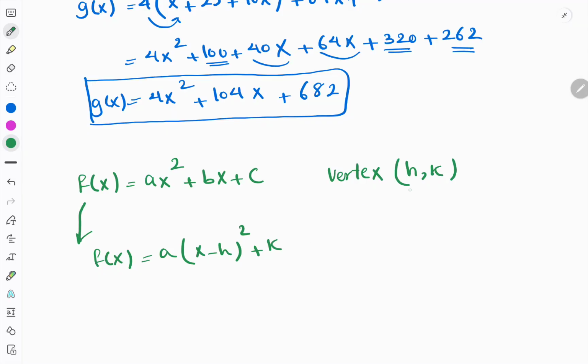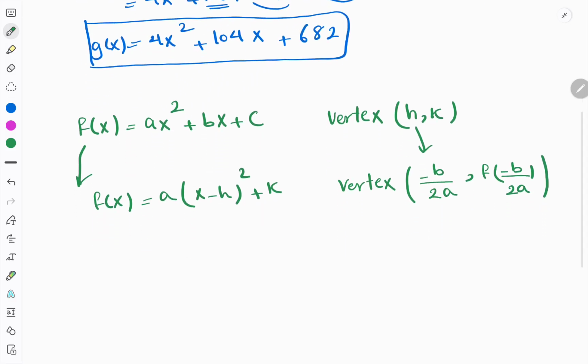In this form, the vertex is h and k. But you need to use completing the square for writing the function in this form. But when you have the general form, you can find the vertex using this formula. For x, you can use negative b over 2a. And for k, you just need to substitute this into the equation.